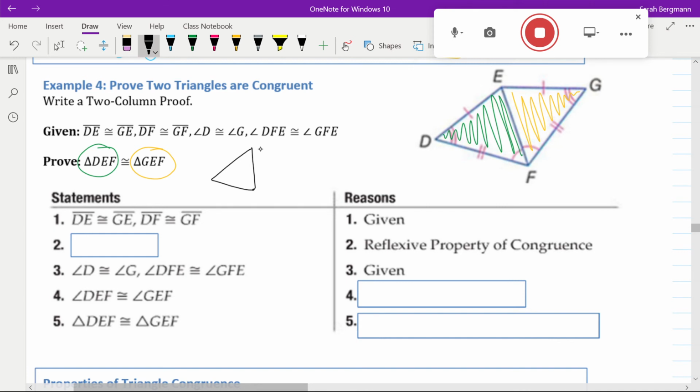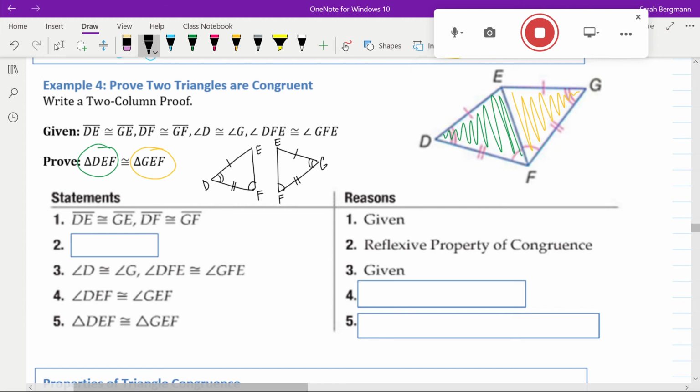Especially if the triangles are overlapping, you will probably want to redraw your picture. So far I have angle D is congruent to angle G, DE is congruent to EG, DF is congruent to FG. Now, I also have DFE is congruent to EFG.